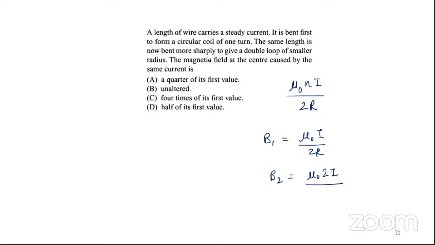Now the length has been distributed to two turns, so the radius will become half, so it will become r by 2. So we can clearly see that B2 has become 4 times of B1, so the answer will be C.